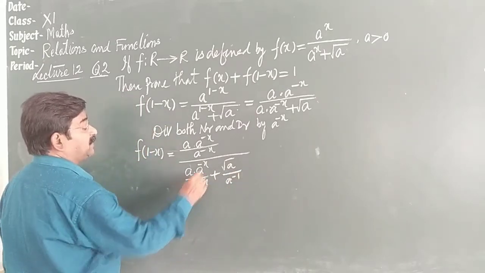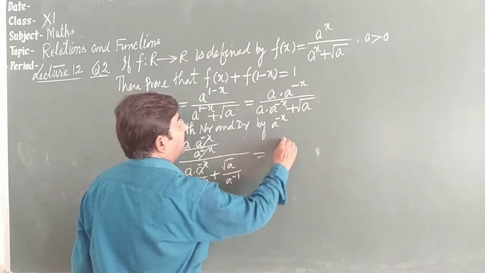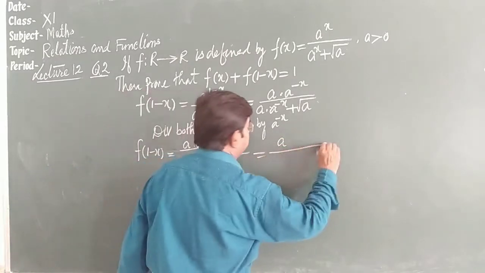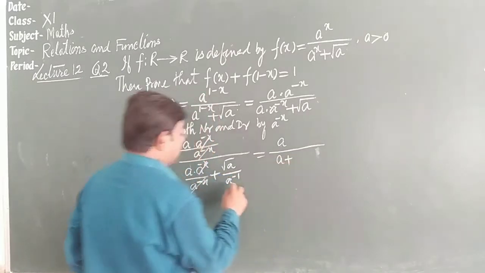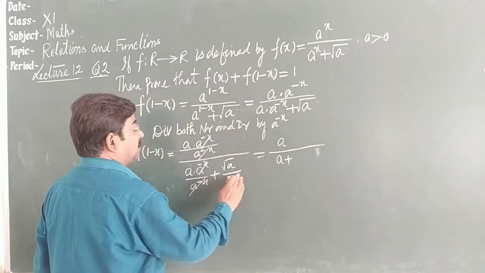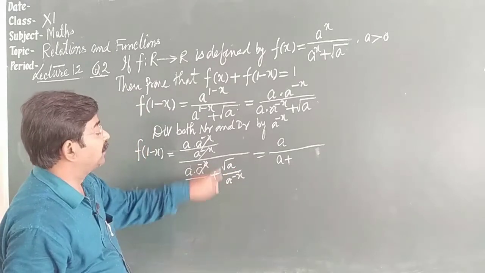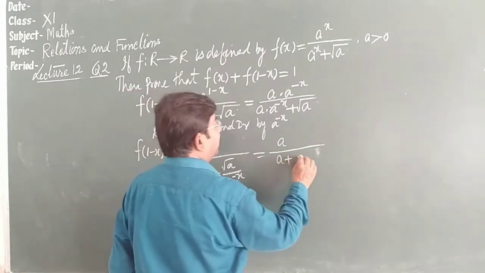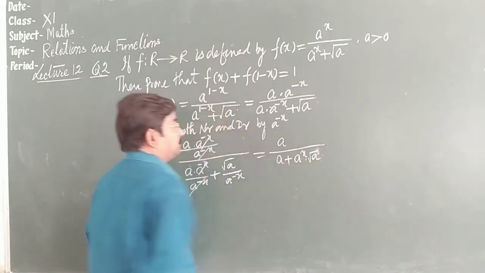So this will be cancelled. This will be cancelled. What we have? a upon a plus... This a to the power minus x will come in numerator, so the sign will change. So we have a to the power x into under root a. Got it?